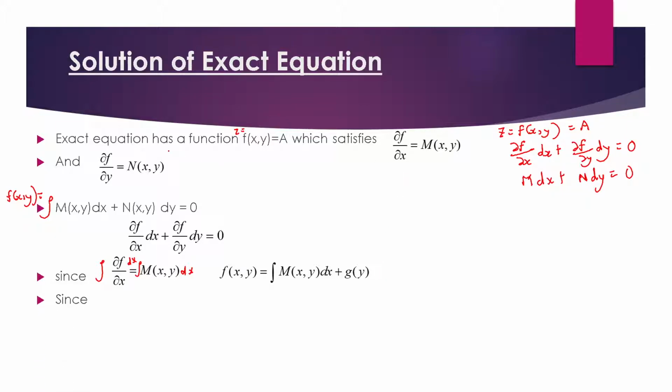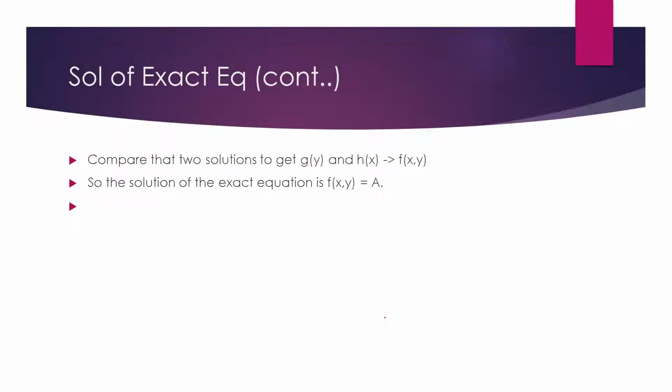And as we know also, del f del y equal to N(x,y). Then we can obtain the function f. To get f, you integrate this with respect to y on both sides. So f(x,y) can be obtained by integrating the second term with respect to y, and the constant is a function of x or just a normal constant.